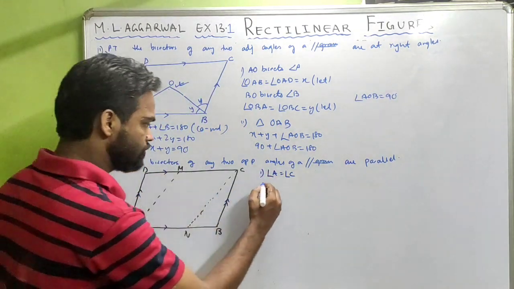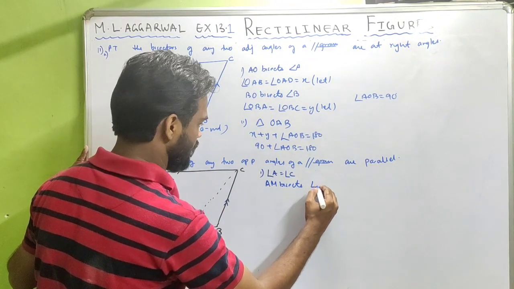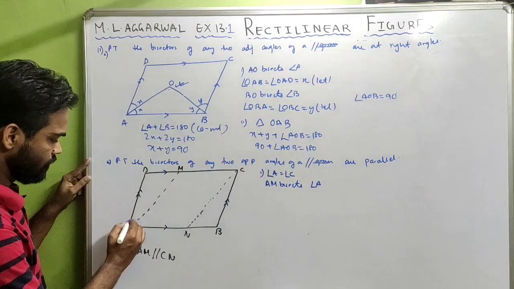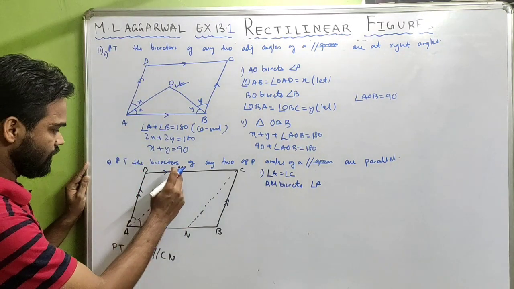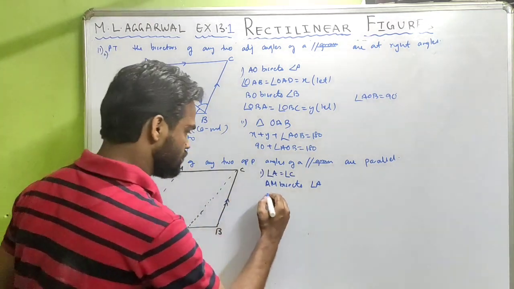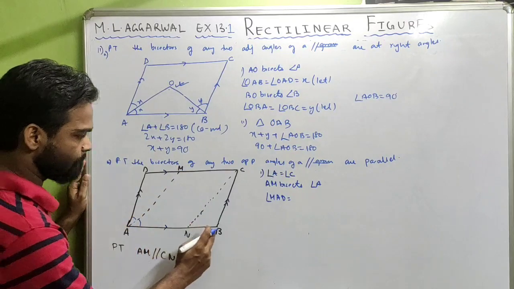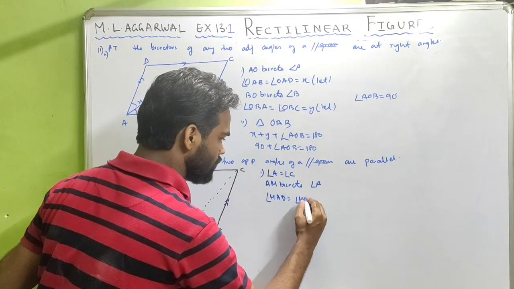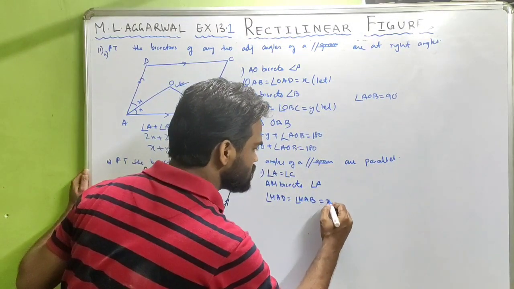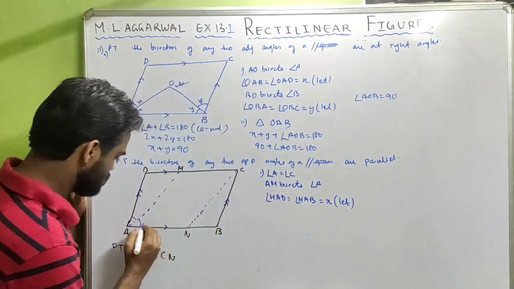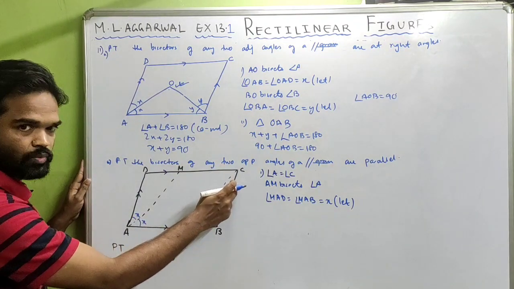Now, AM bisects angle A, which means angle MAD will be equal to MAB, because AM bisects angle A. Suppose this is X, so this is X and this is X. Now if this is 2X, this is also 2X.